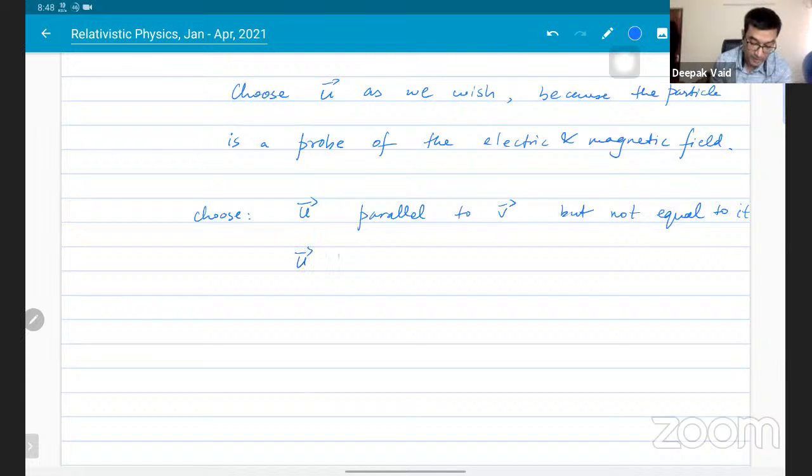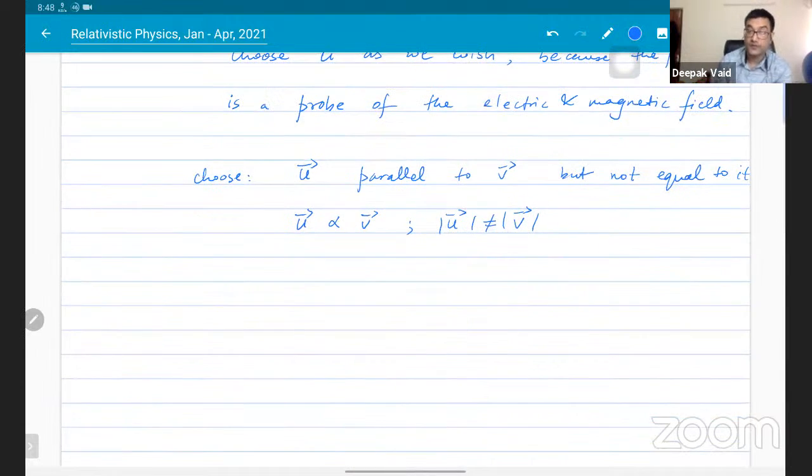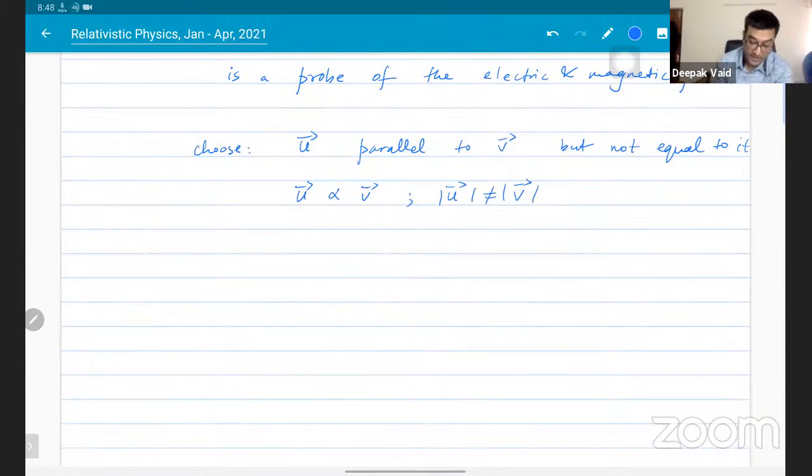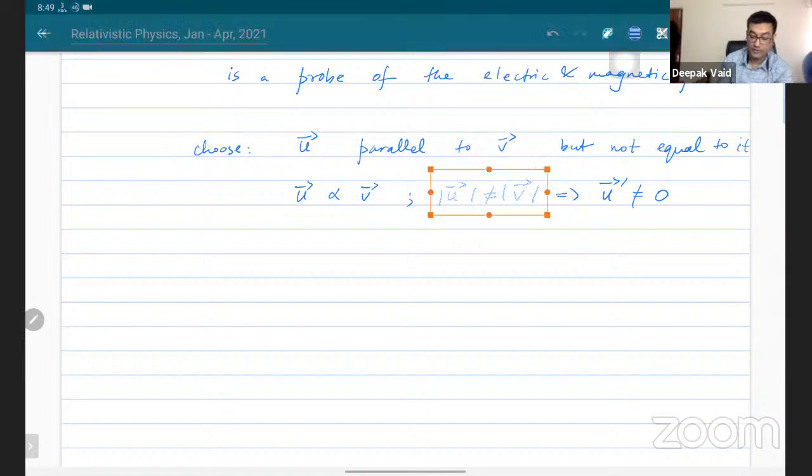That means u prime is proportional to v, but the magnitudes are not equal. So what happens in this case? In this case, u prime, the velocity of the particle in the moving frame, will not be zero anymore, because u is not equal to v.